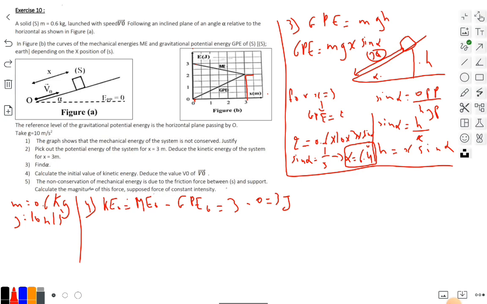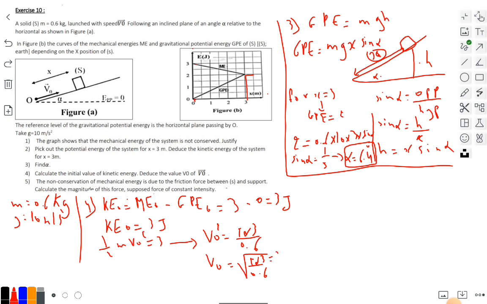Deduce the value of V0. Kinetic energy equals 3 joules, so half m V0 squared equals 3. Then V0 squared is equal to 2 times 3 over 0.6. We obtain V0 equal radical of 2 times 3 over 0.6, equal 3.16 meter per second.